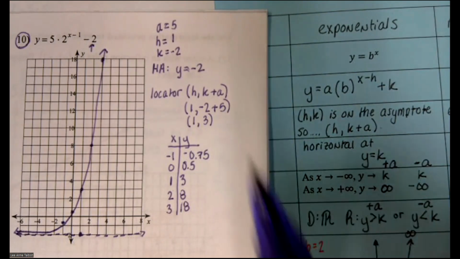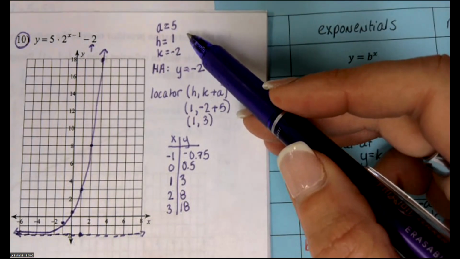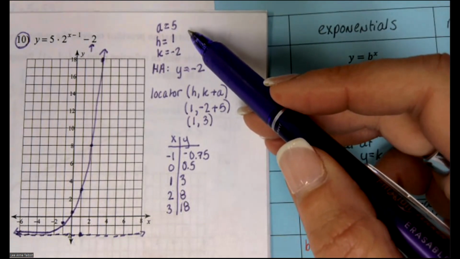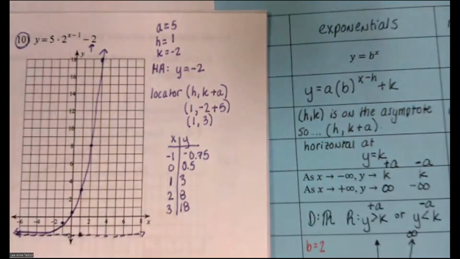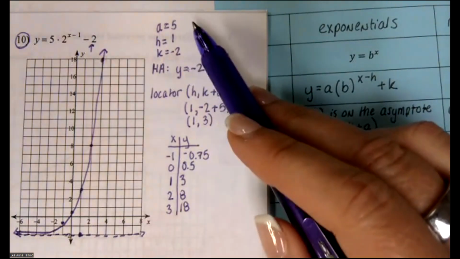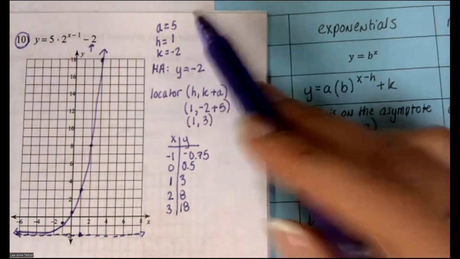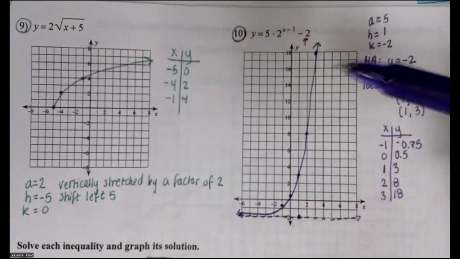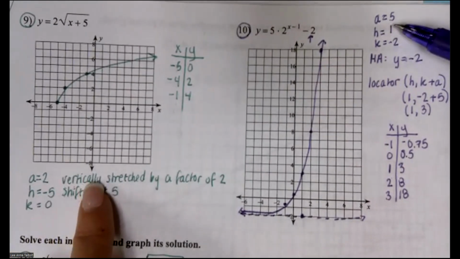Okay, Connor, let's just do it out loud. A equals 5. What's that? A is 5. A is like reduced, like factored, right?